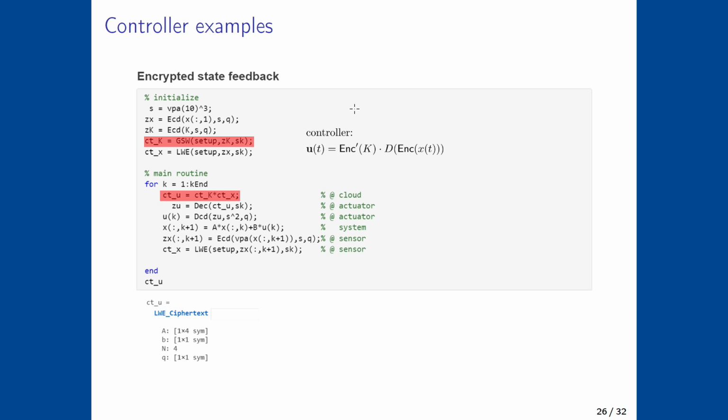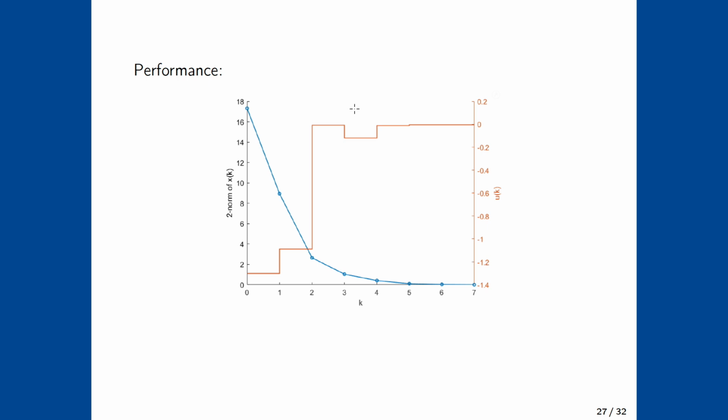Regarding the encrypted state feedback, where multiplication of ciphertext and non-ciphertext is used, it considers the state feedback controller consisting of matrix multiplication, but it is implementable. And in terms of performance, although all of them are encrypted and operation is performed, their performance is equivalent to that of the plain text controllers.